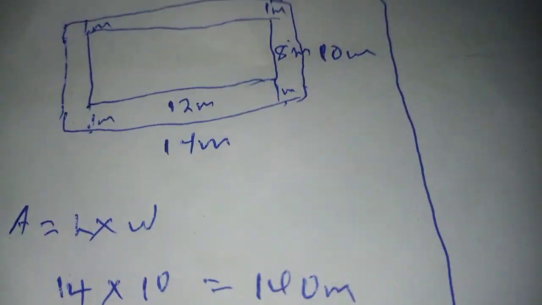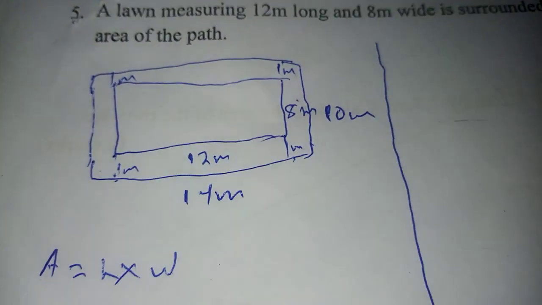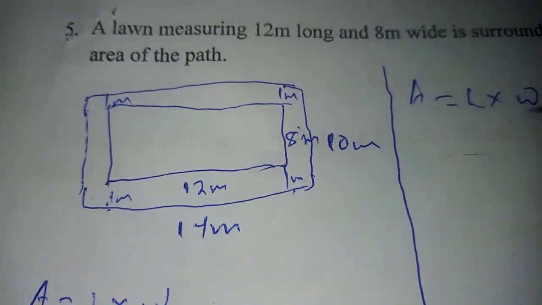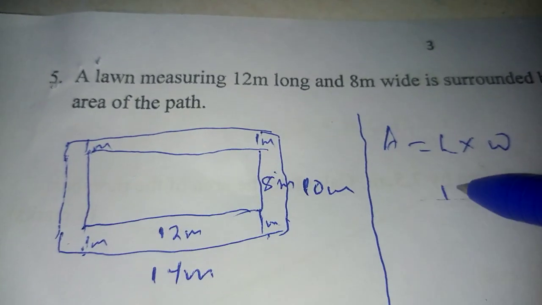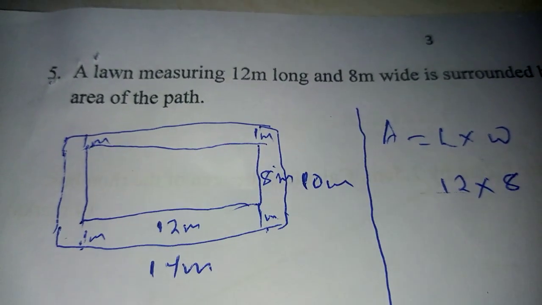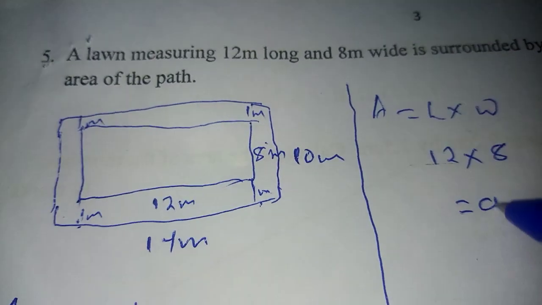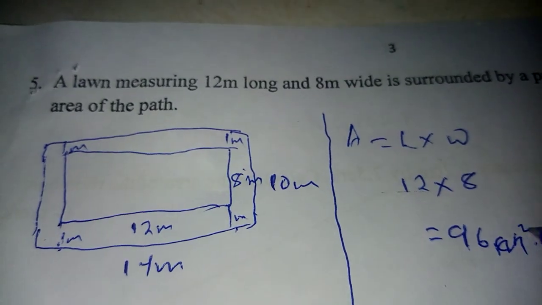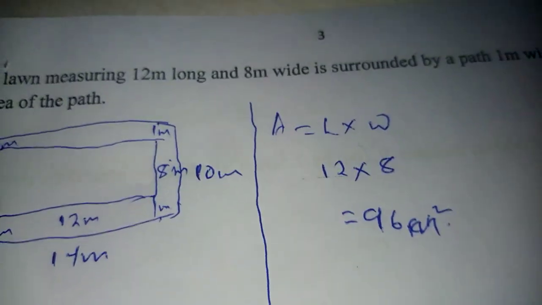Then we also calculate the area of the lawn. Area of the lawn is also length times width. The length is 12 times width, which is 8. That one is just 96 meters squared.